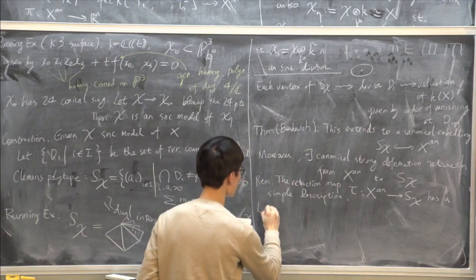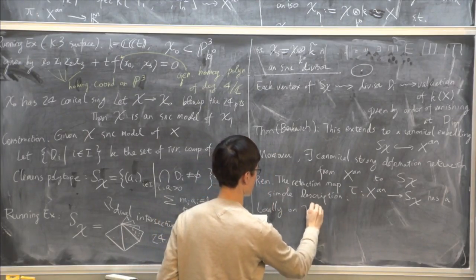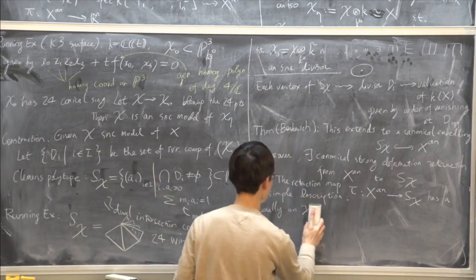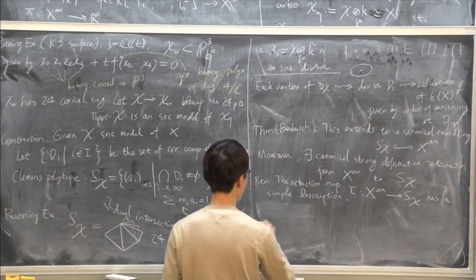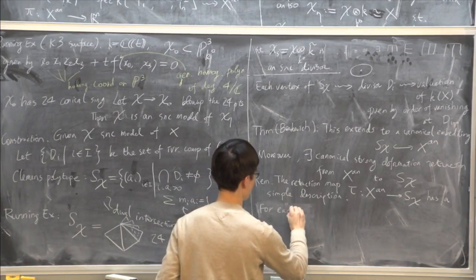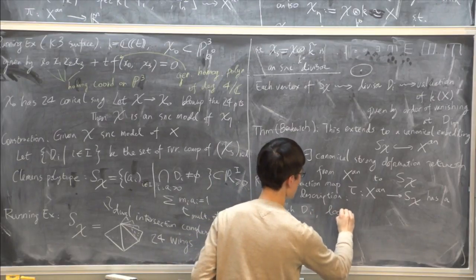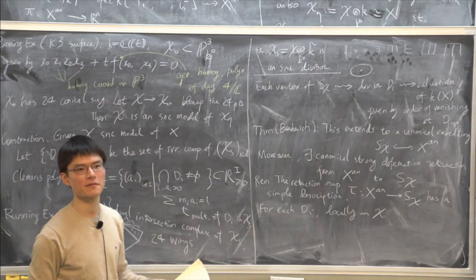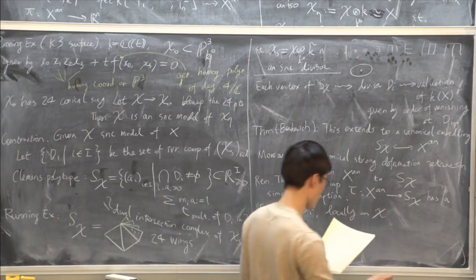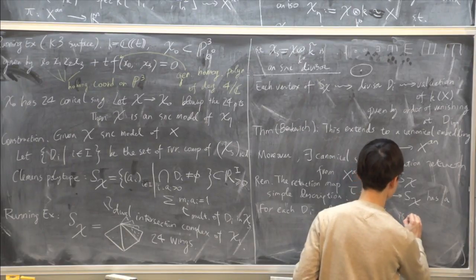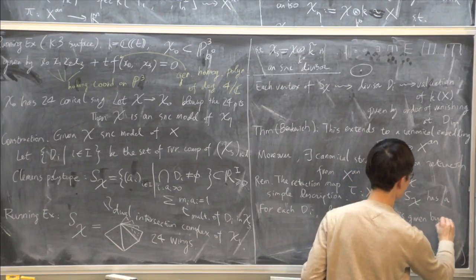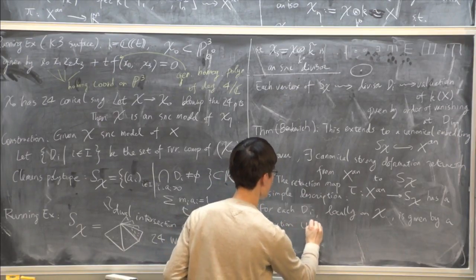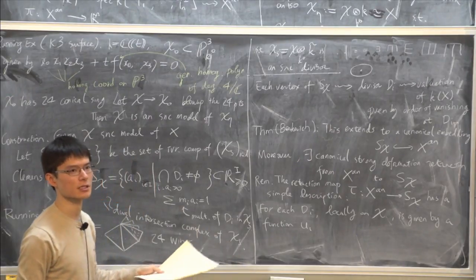So we know that locally, for each divisor di, then locally on curly X, such a divisor is defined by a function ui, up to multiplication by invertible functions.